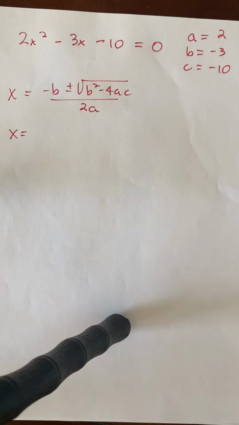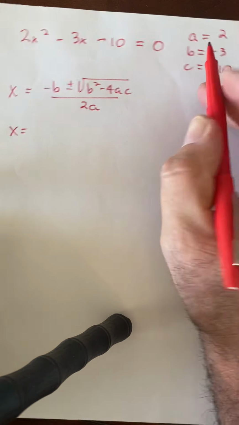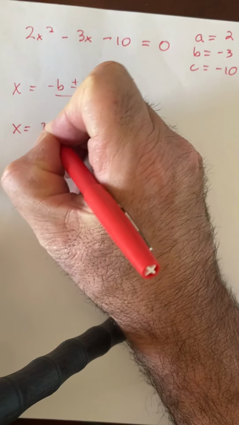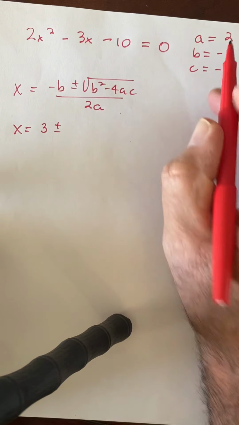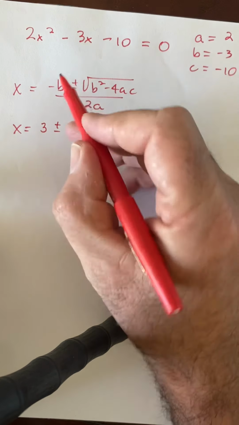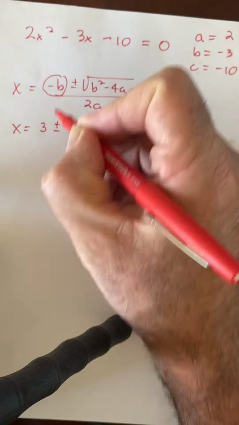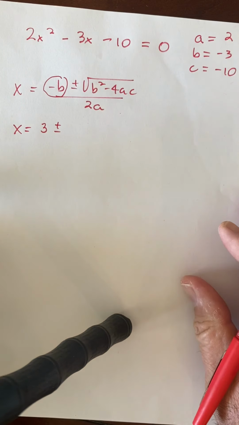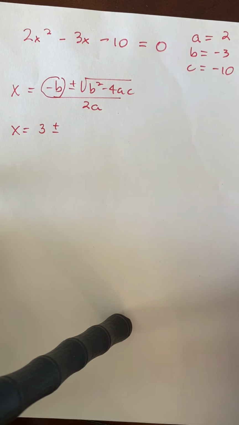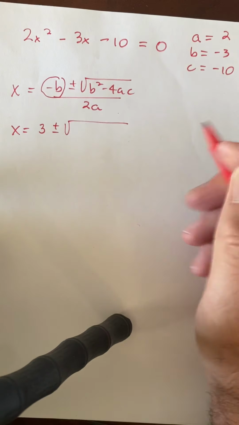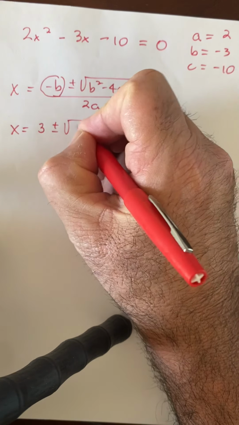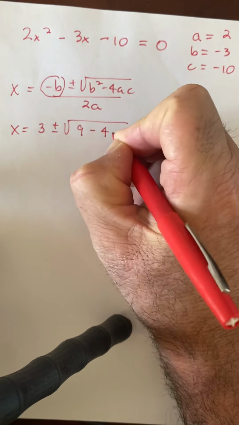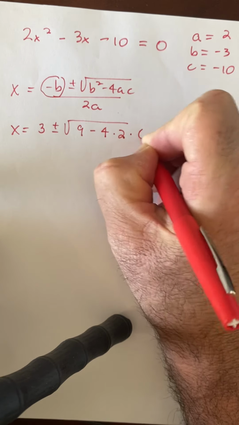Now, let's plug in. So the opposite of b, so 3 here. Notice b is negative here, and this is calling for the opposite of b, so I put in positive 3. Okay, so now b squared, 9, minus 4 times a times c.